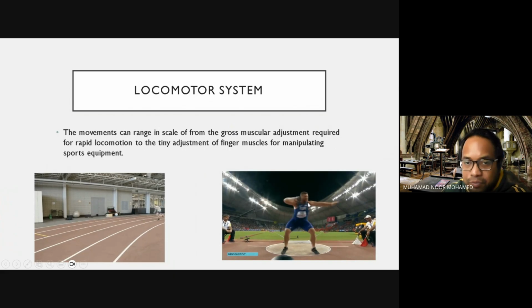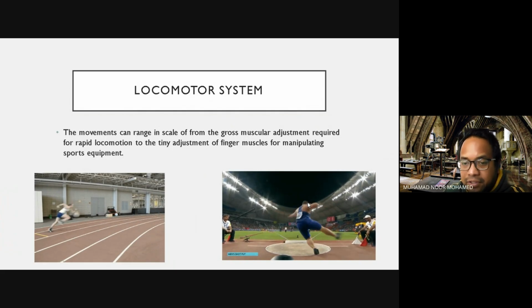So we have gross muscle movement and fine muscle movement. It involves contraction of the muscles, which will affect our joints and our skeleton, and finally we see the movement itself.